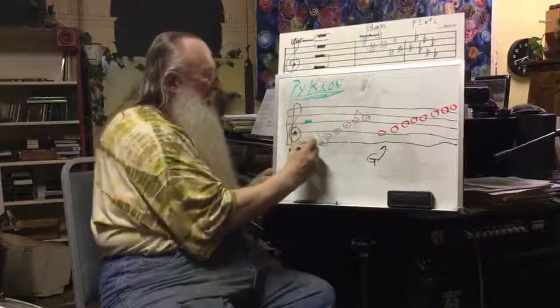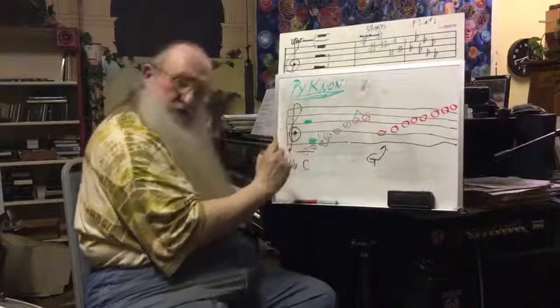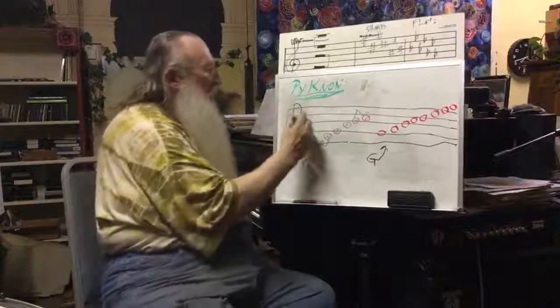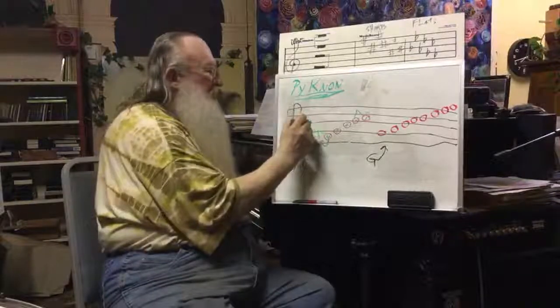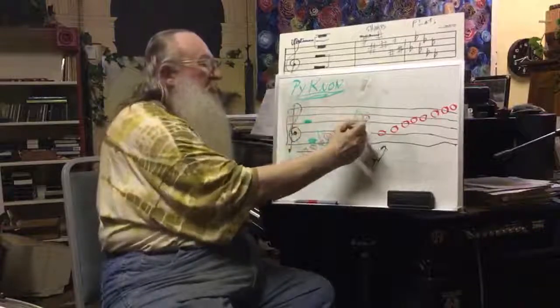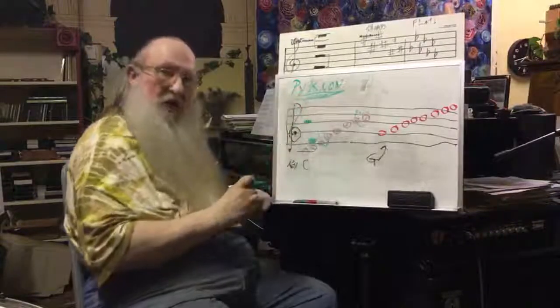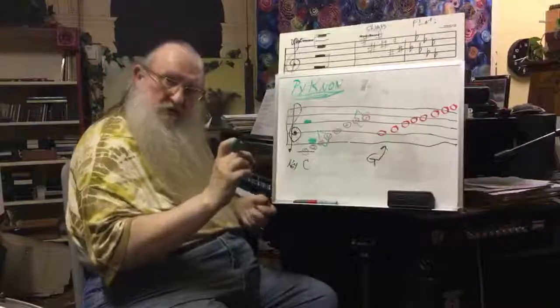So between the line and the space here is a minor second. It's shorter. And between the B and the C here is a minor second. It's also shorter. So between 3 and 4, and 7 and 1, are naturally minor seconds.